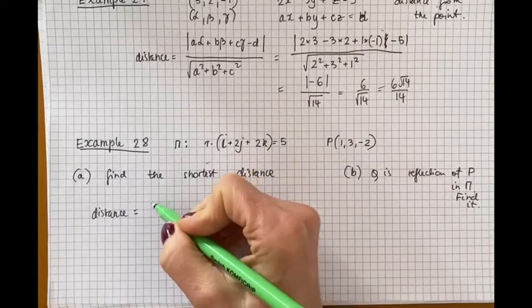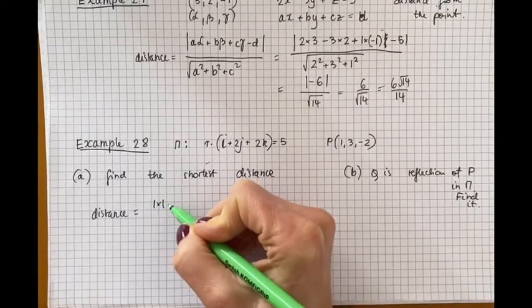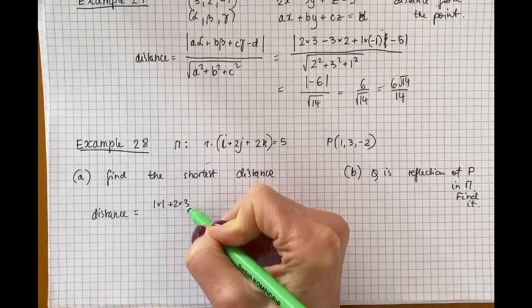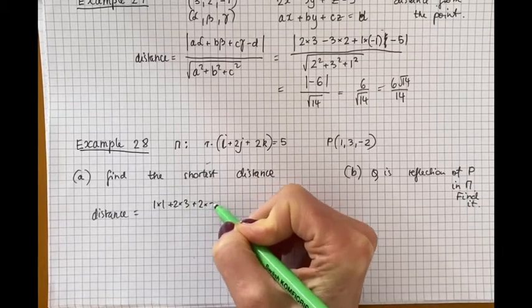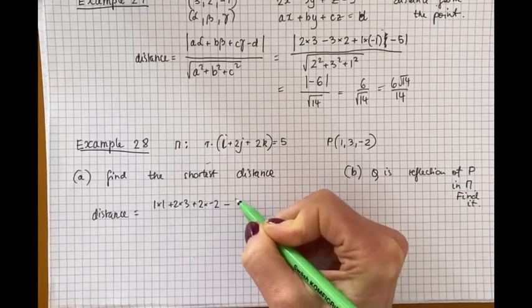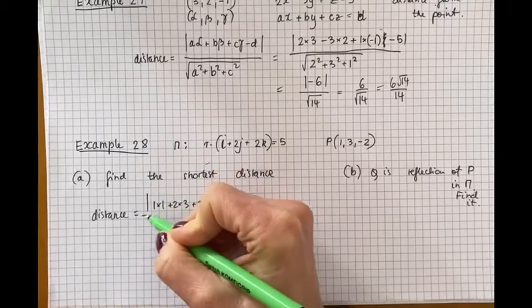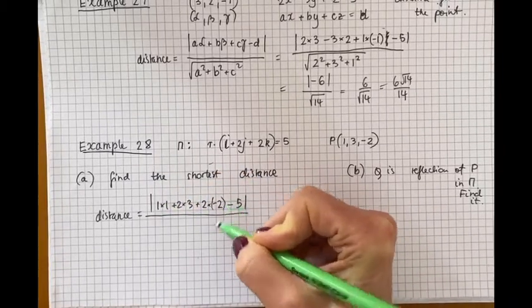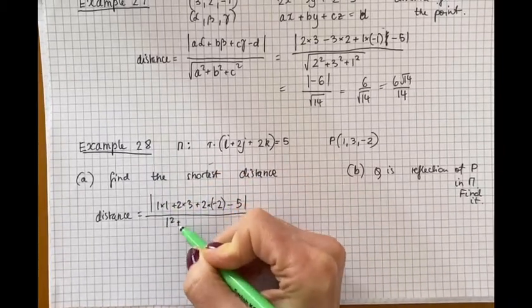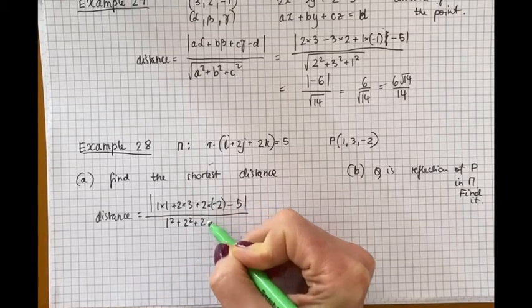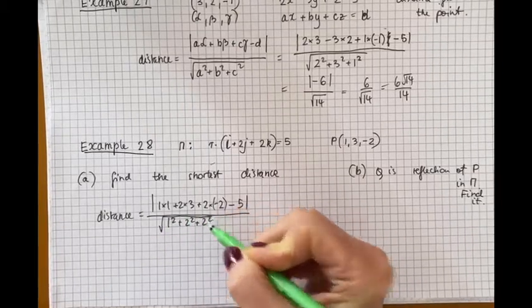So it's going to be 1 times 1 plus 2 times 3 plus 2 times minus 2, and then minus 5, over 1 squared plus 2 squared plus 2 squared, square rooted.